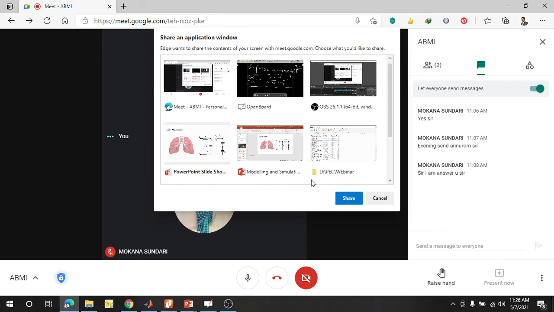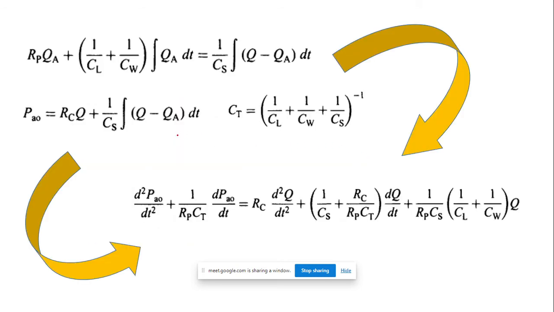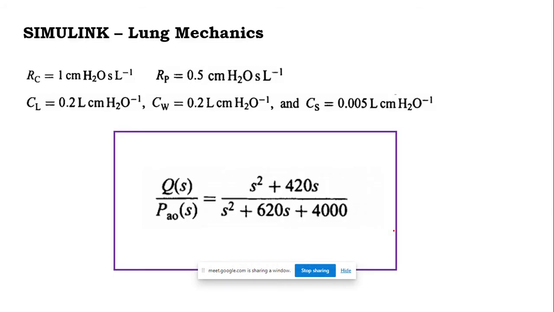This is our model, this is the model we have taken. These are the equations: the first equation we got, the second equation we got, and finally here they are giving it in a different way. We do not worry about this part, so we'll go directly into here.